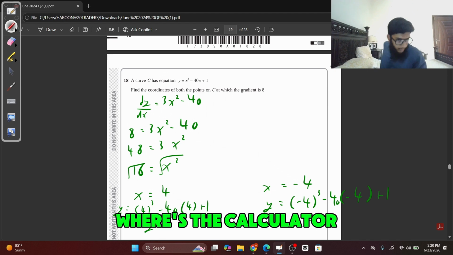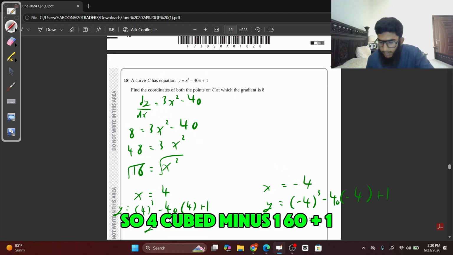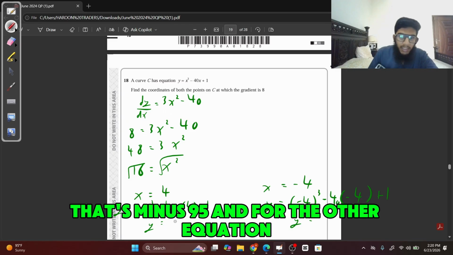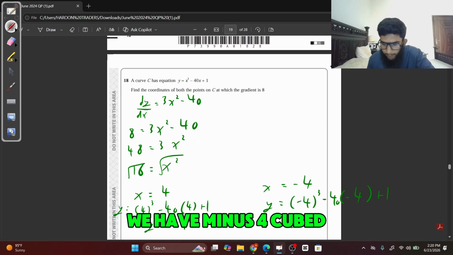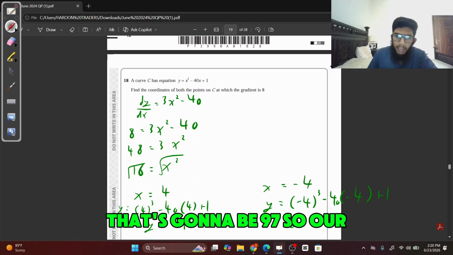Where's the calculator? So 4 cubed minus 160 plus 1, that's minus 95. And for the other equation, we have minus 4 cubed, and that's going to be plus 160 plus 1, that's going to be 97.